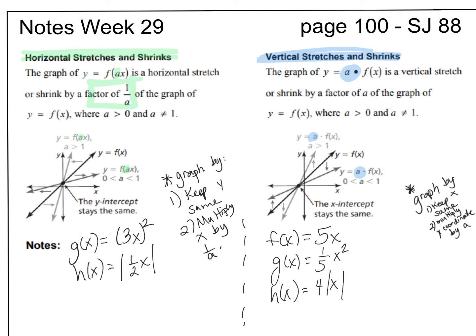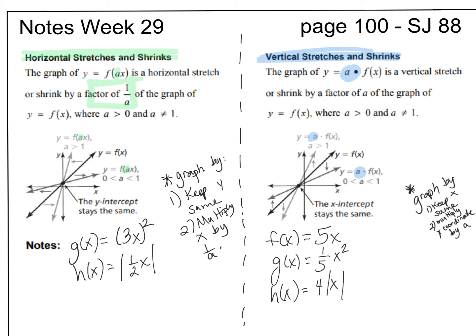Okay, so I wrote down a bunch of information. You may want to pause the video and write down this information and then continue listening and writing down the other things that I write down. I'm going to do the examples. I want to talk about what these mean. So my first one I'm going to talk about is here. What does this 3 on the inside mean? Well, it's under the horizontal, so we know it's a horizontal stretch or shrink.